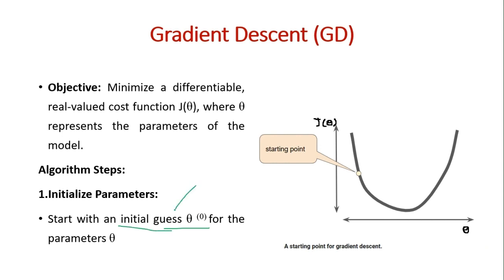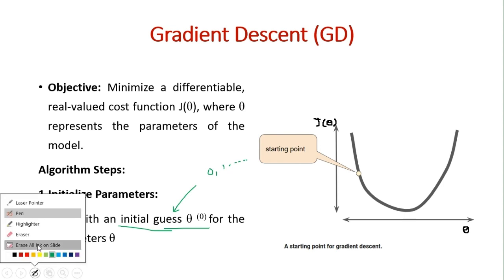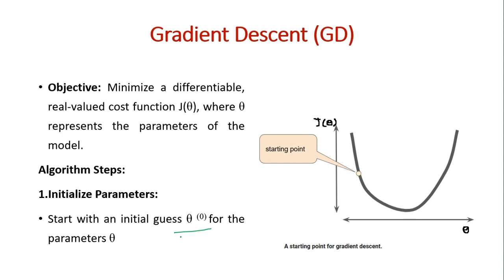It is a random value. Initially we can have 0 or 1, etc. These are not exact values, any value you can give. That's the initial random guess we will give as theta 0. Say this is the starting point, the value corresponding to theta 0. Assume that this is the starting point. Now you can have the starting point here also, no issue.